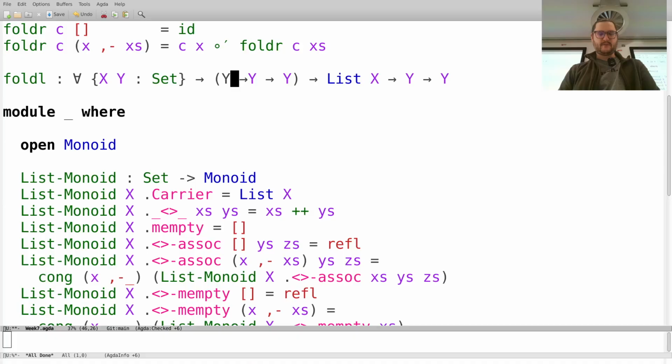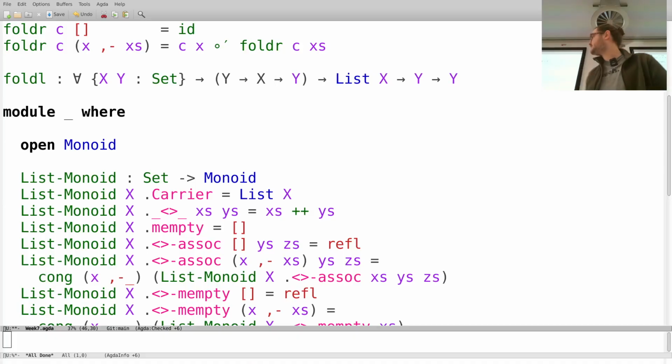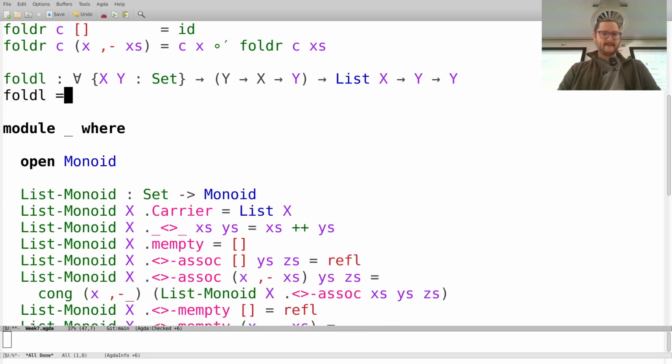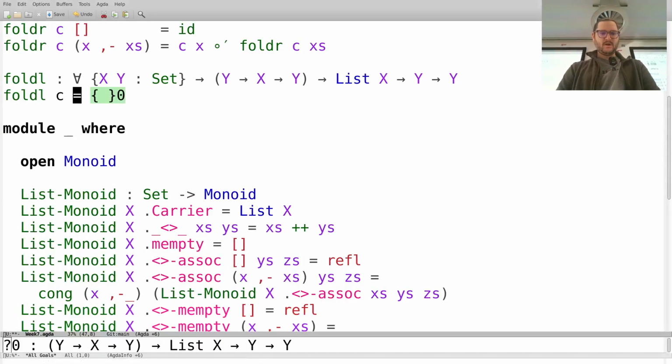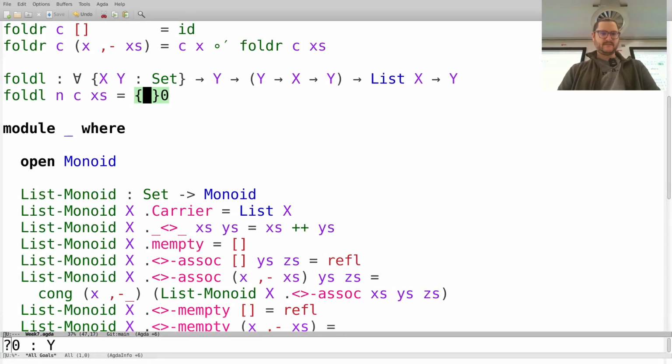It's starting from the base case, so from the y, and then it's absorbing a new value x into the y. Should I keep it like that? Maybe I should keep it like that, whatever. So we have the c, well, I guess I should put the initial value to the left because it's coming first, morally. So this is m, c, x's.